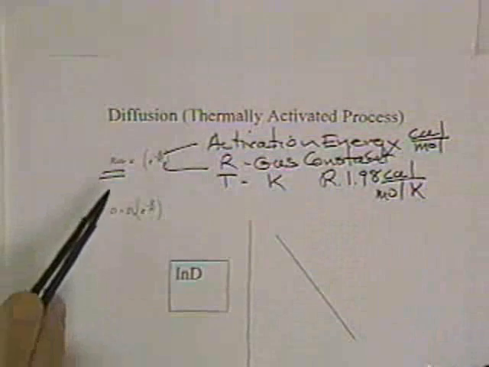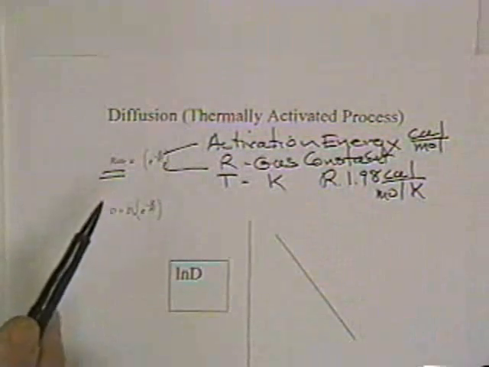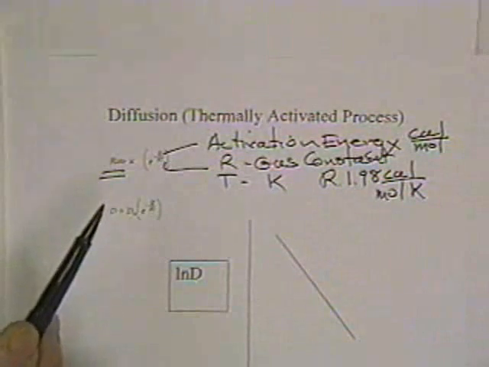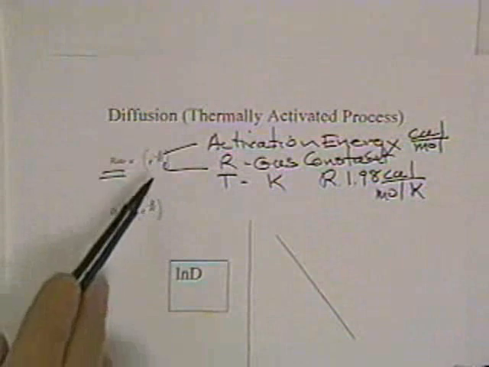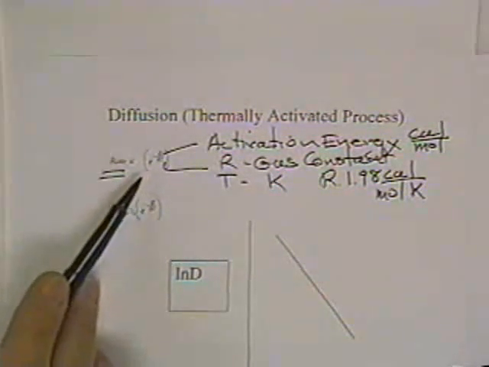But the important thing is that if somebody tells you it's a thermally activated process, you can write the equation down in terms of the rate immediately. It's the rate proportional to e to the minus activation energy over RT.